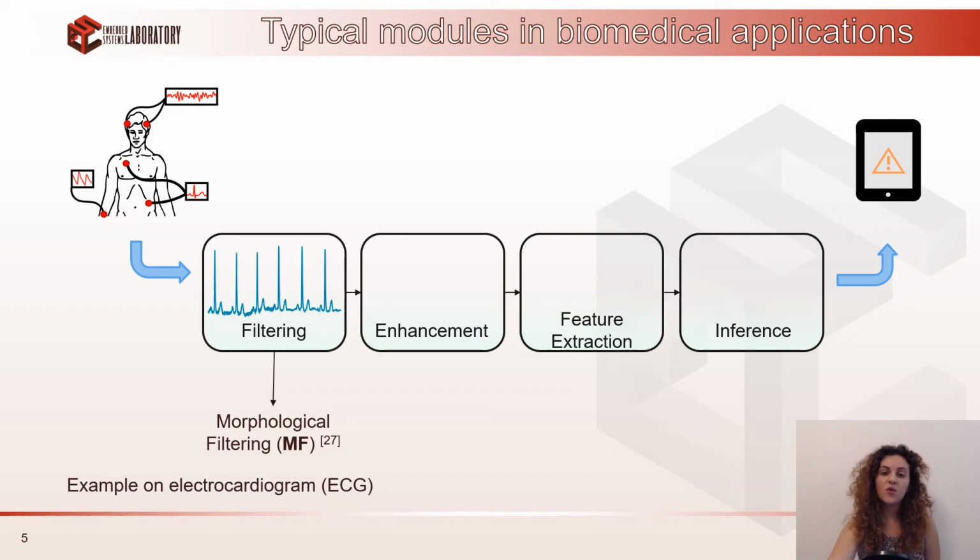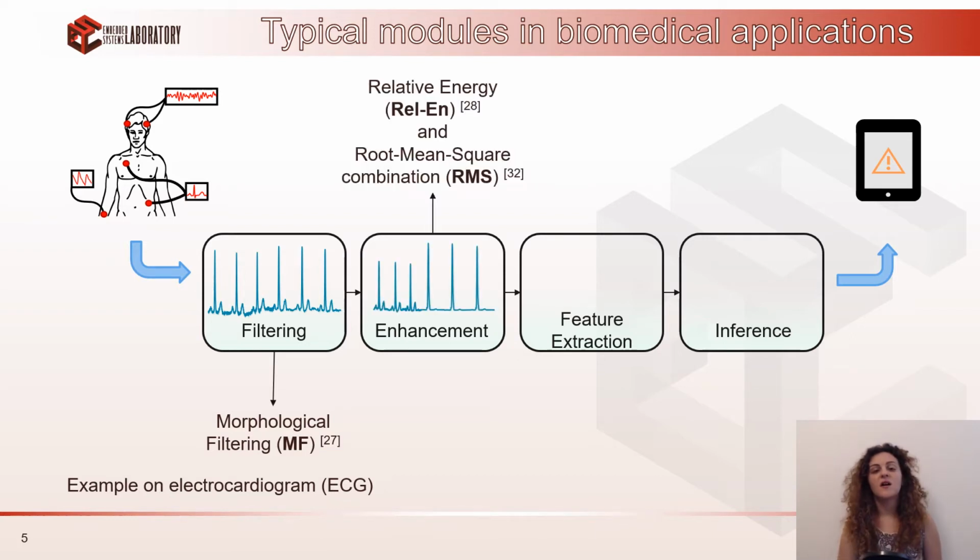Then the signal goes through an enhancement process, which can amplify relevant information or combine multiple channels. In fact, we use two techniques, one called relative energy, which amplifies the main wave of the ECG, or R-peak, and the root mean square combination, which combines the ECG leads.